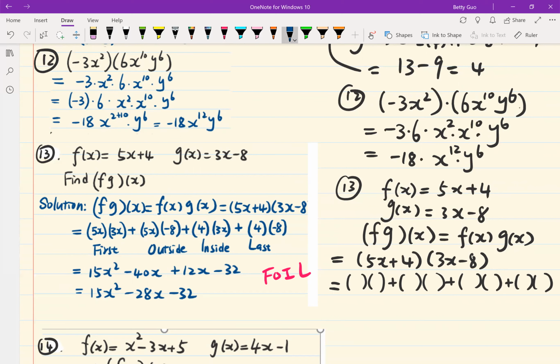The two first terms are 5x and 3x. Outside, 5x times -8. Those are the two terms on the outside. The two terms on the inside are 4 and 3x. The two last terms in the two parentheses are 4 and -8.